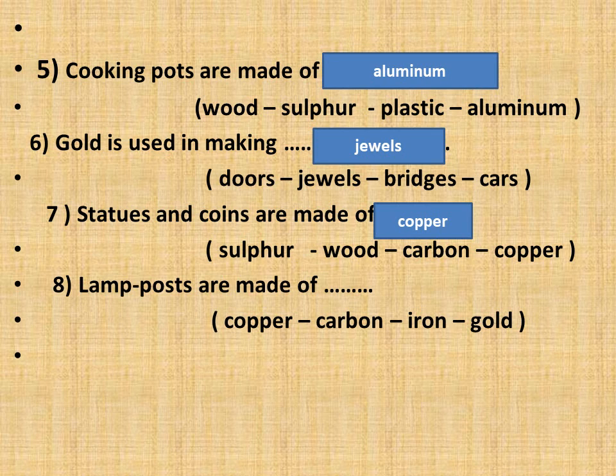Lamp posts are made of iron, as iron is a metal that can be bent and reshaped and is a strong metal. Thank you.